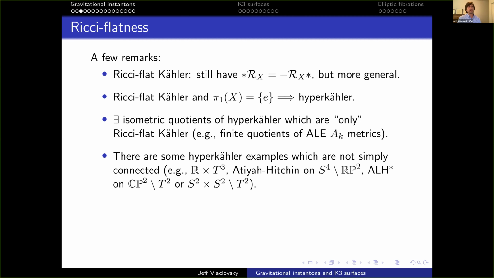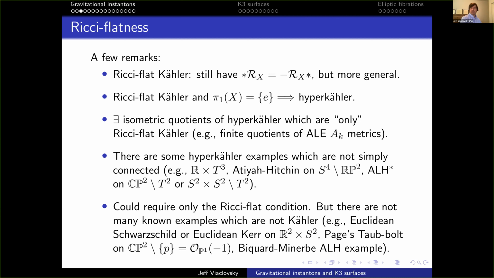There's another class of instantons, which I'll talk about in a moment, called ALH star instantons. One example of those lives on CP2 minus an anticanonical torus, and also on the complement of an anticanonical torus in S2 times S2. Those are not simply connected. So this is the reason we don't want to put simply connected in the definition.